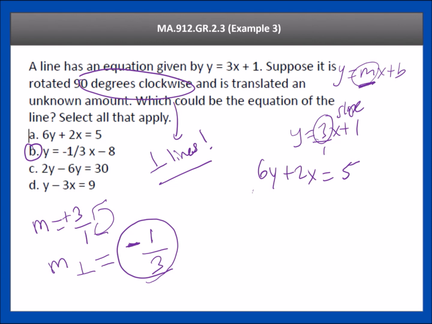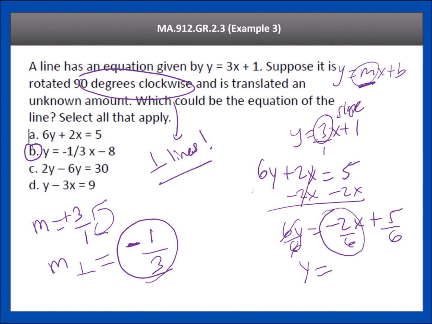We need to subtract 2x, move the x to the other side. So this is negative 2x plus 5, divide by 6. We've got to divide everything by 6. So y equals, notice that this becomes negative 1/3. So we do have a slope of negative 1/3. So a is a potential answer as well.